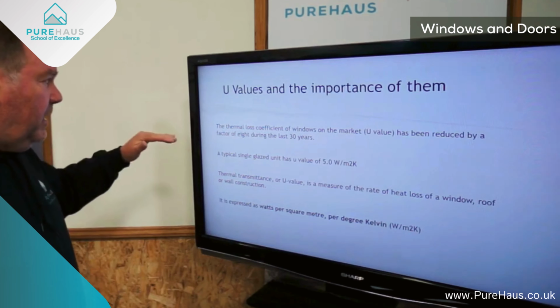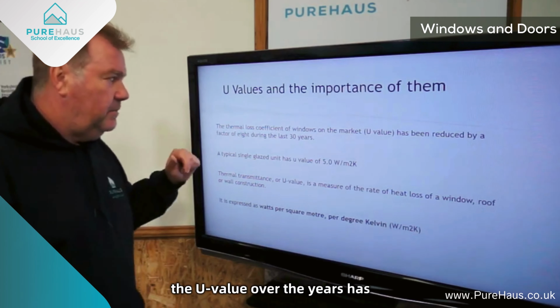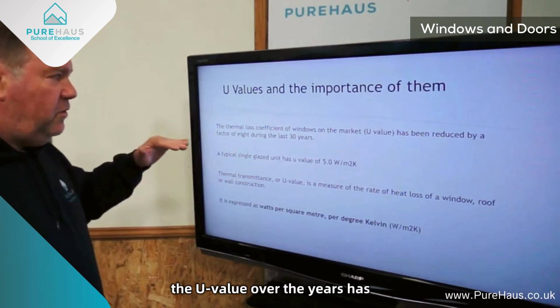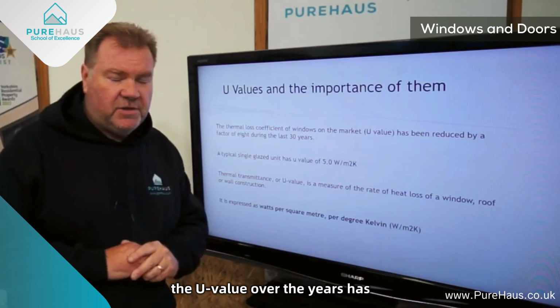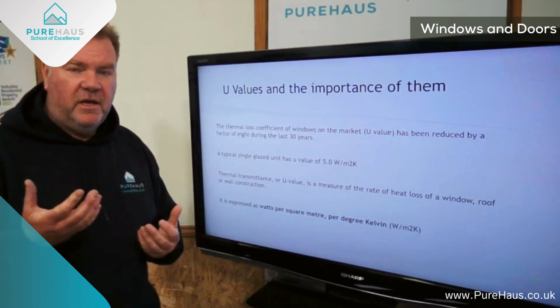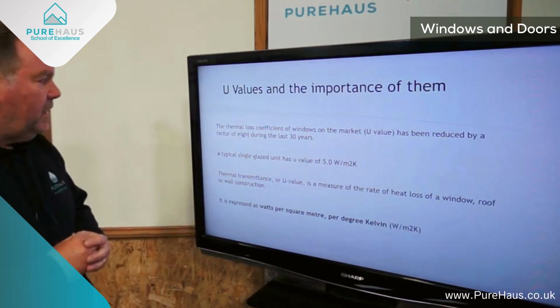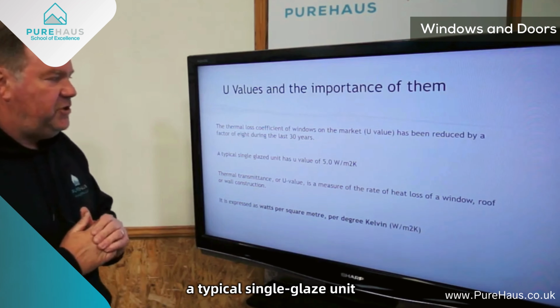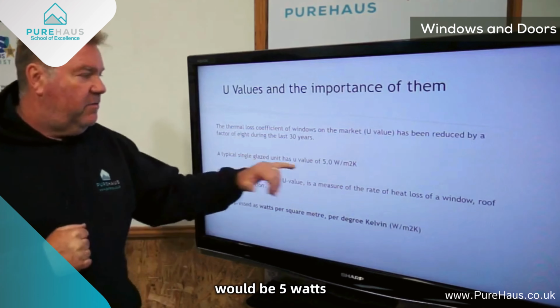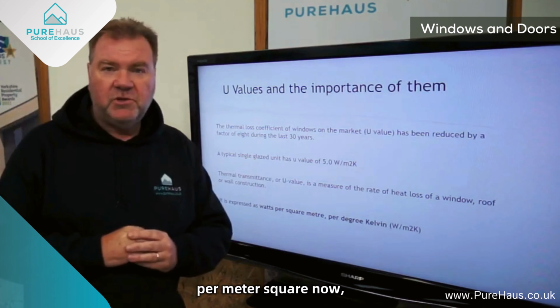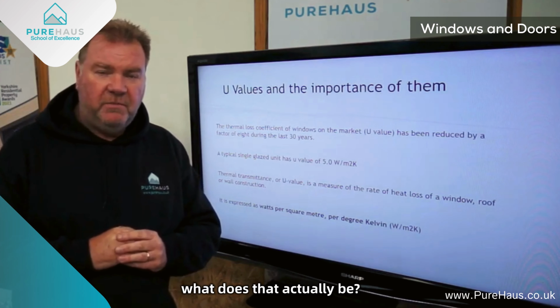Now, the U value over the years has increased in efficiency so much. A typical single glaze unit would be 5 watts per meter square. Now, what does that actually mean?